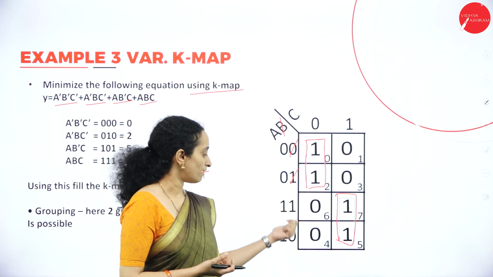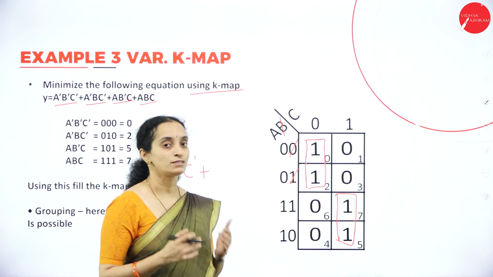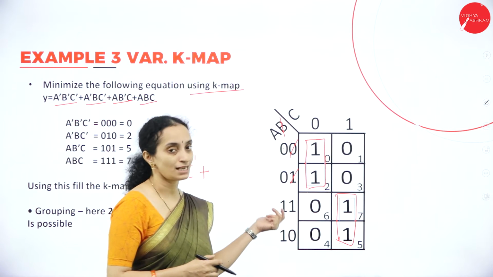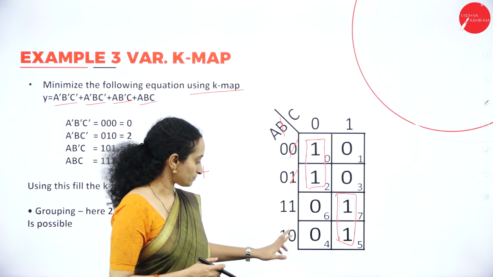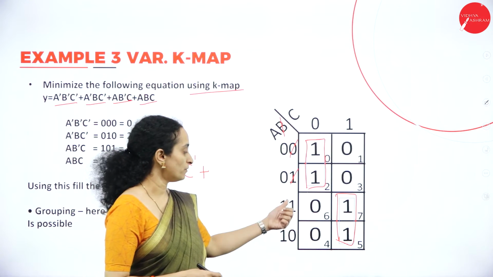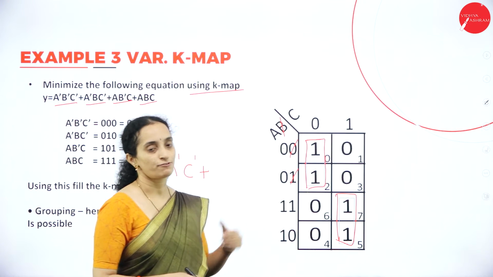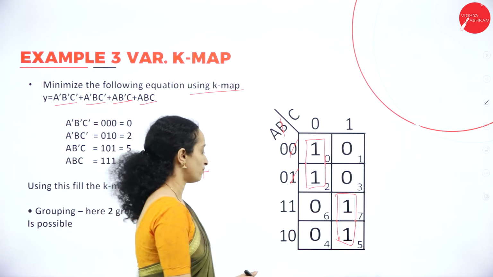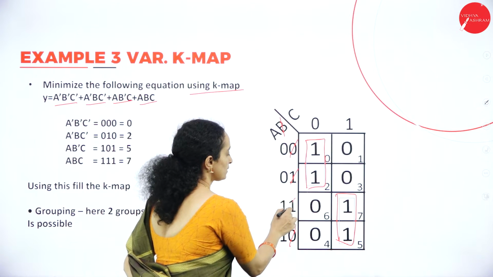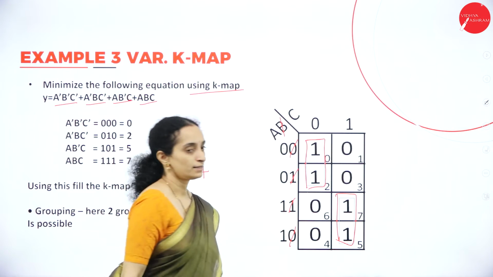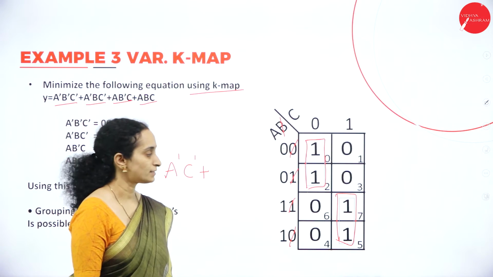It is changing from non-complement form to complement form, or from complement form to non-complement form. So, you have to cancel the variable B in this group.